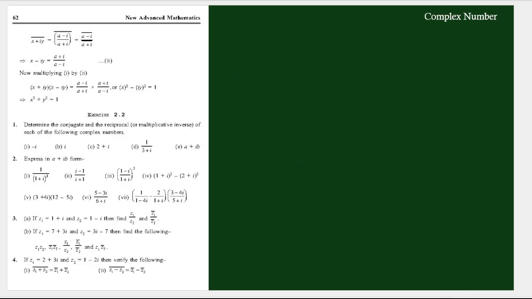What is question number 3b? Given z1 is 7 plus 3i, z2 is 3i minus 7.